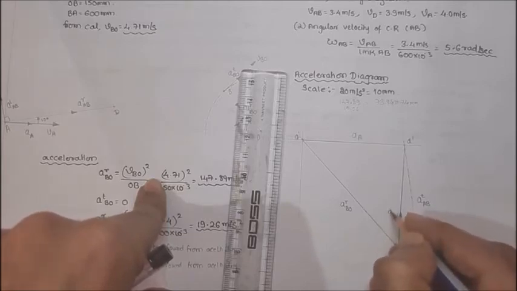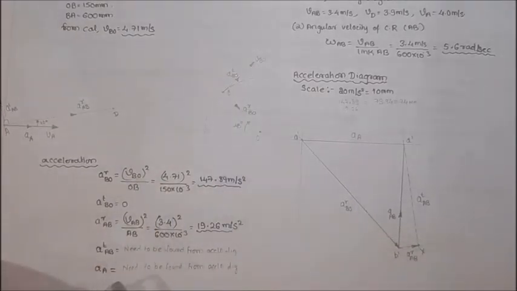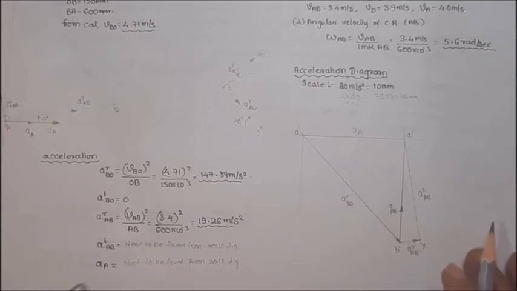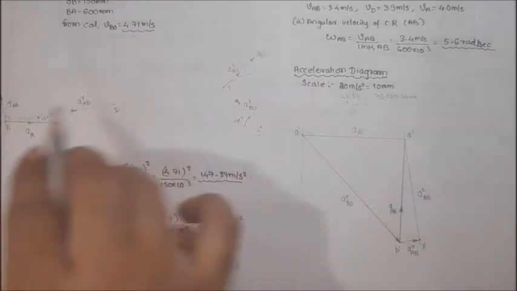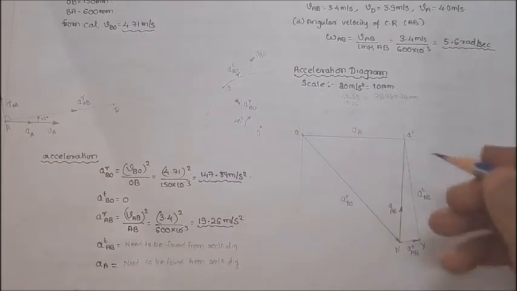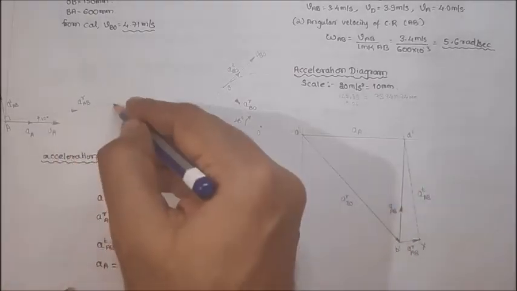So it is the acceleration of AB. Now we require to find the acceleration of point D. D is in between A and B. So between A dash and B dash we have to find the point, or it is the midpoint of this one.